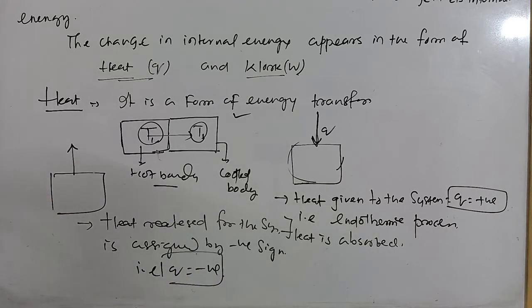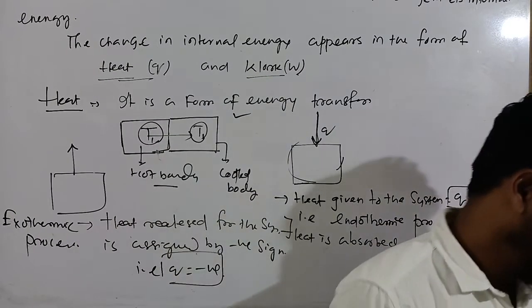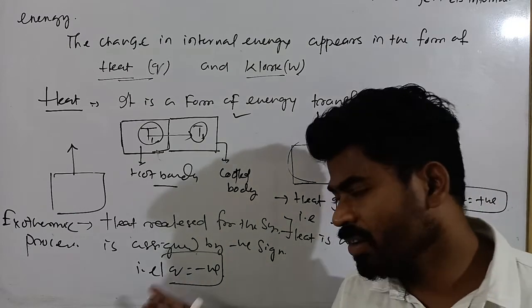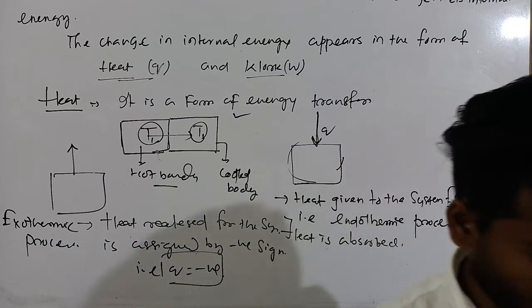Clear? And this process you know is an exothermic process. Is that clear? So this is heat and its sign convention in our chapter thermodynamics. If the process is exothermic, energy is released. If the process is endothermic, then energy is absorbed.